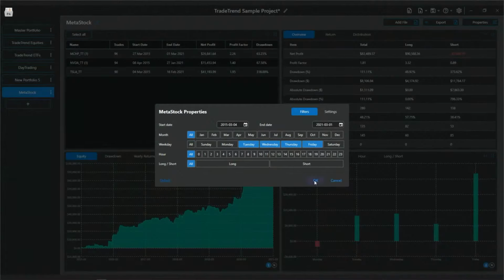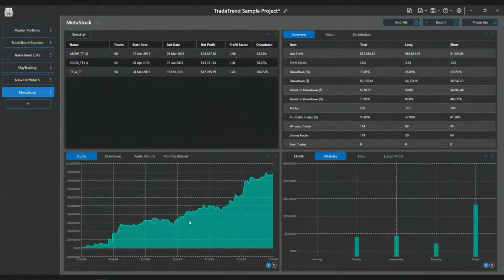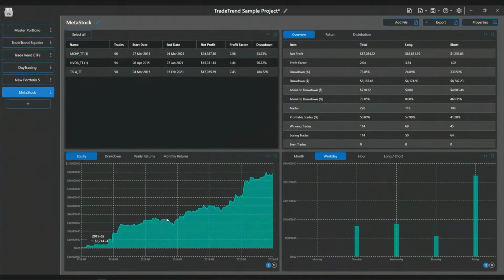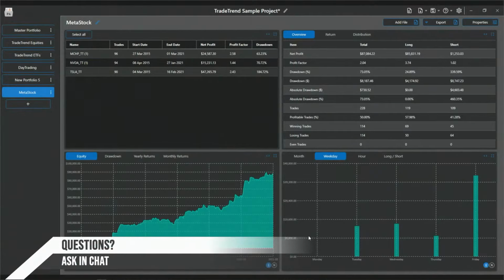You click OK, and now the Portfolio Architect will recalculate your performance with the Monday filter applied, where trading on Monday would not occur. This is how you can do an instant on-the-fly optimization of your portfolio without having to rerun your back test in MetaStock.